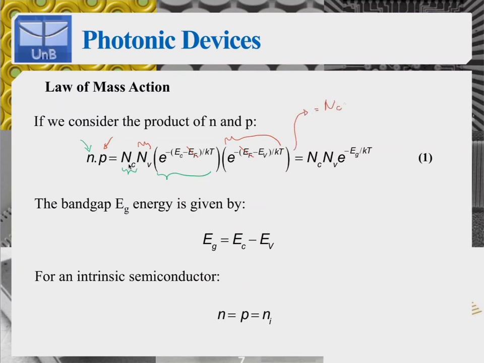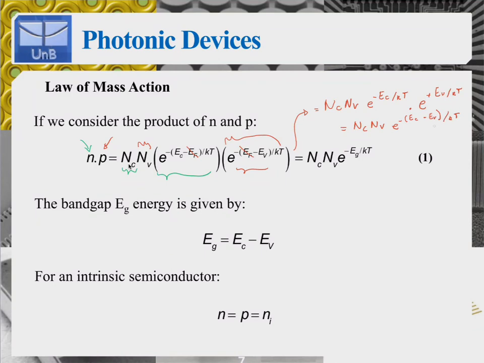And then it turns out that you have NC times NV, right, times e to the power minus EC over KT multiplied by e to the power of plus EV divided by KT, which is equal to NC times NV multiplied by e to the power of minus EC minus EV over KT, right?